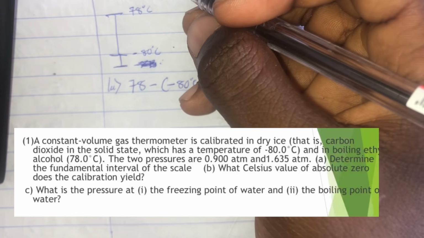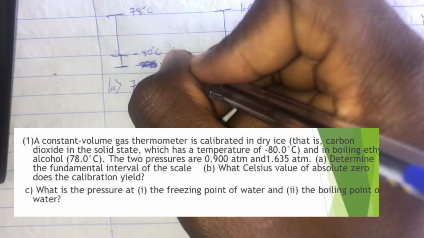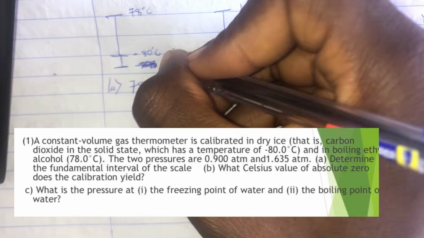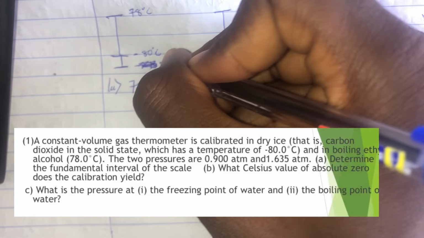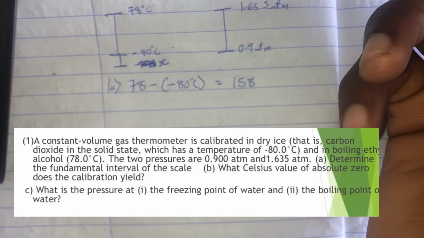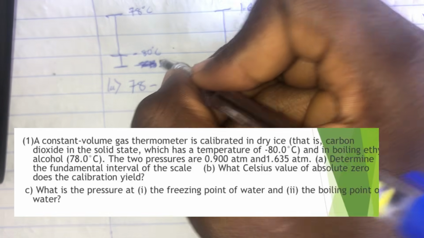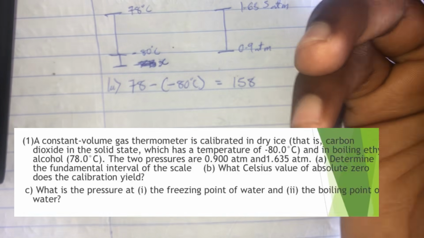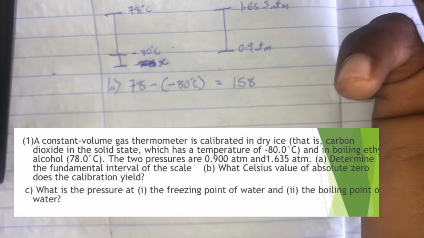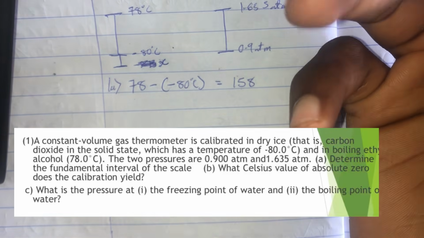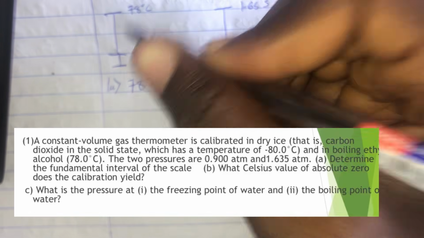But they're asking for the absolute zero of this particular thermometer. Normally it is minus 273.15, but in this thermometer it is different. So they're asking what the absolute zero is on this thermometer.